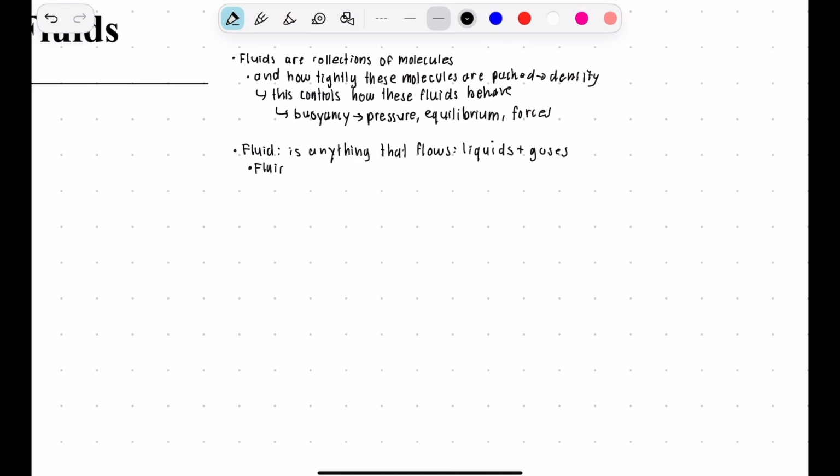Something you should know is that fluids cannot resist shear force, and this causes them to change shape easily.